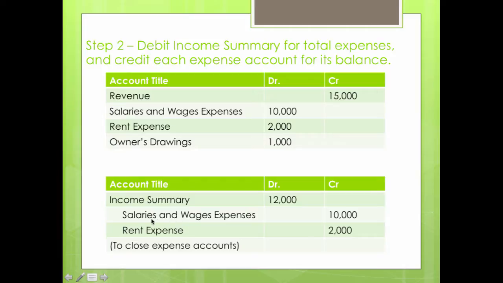Remember we indent for credit. We credit the salaries and wages expenses for $10,000, and we credit rent expenses for $2,000. And last, we add a brief description to describe the reason for this transaction, which in this case is to close expense accounts.